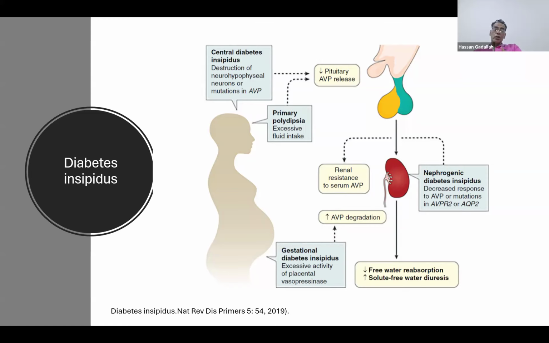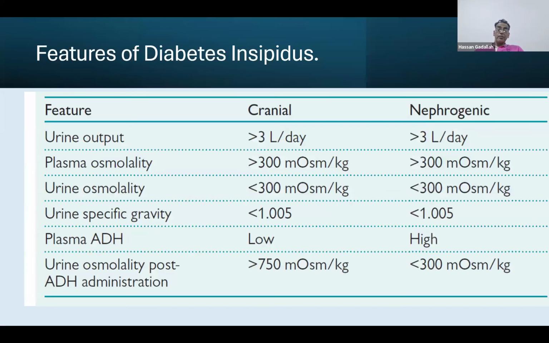I mean, it's not very common, but it happens. It resolves in the third trimester, and usually it's transient in such cases. This is diabetes insipidus.